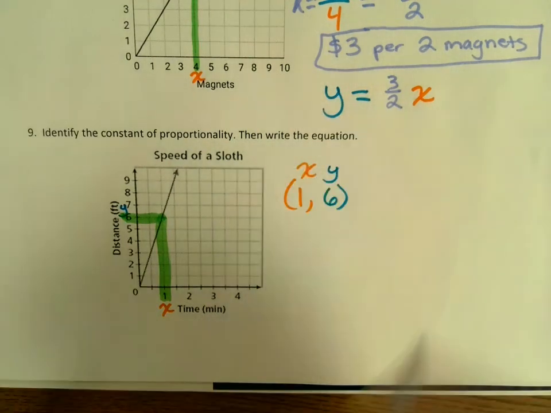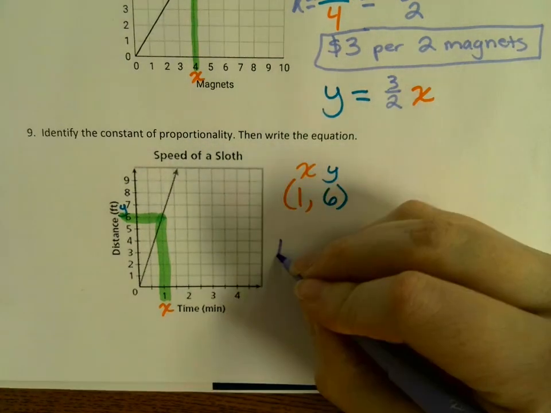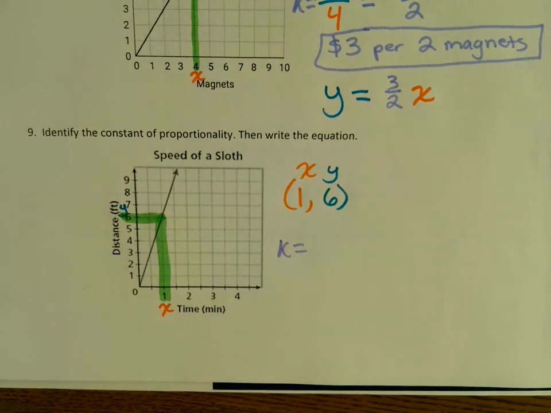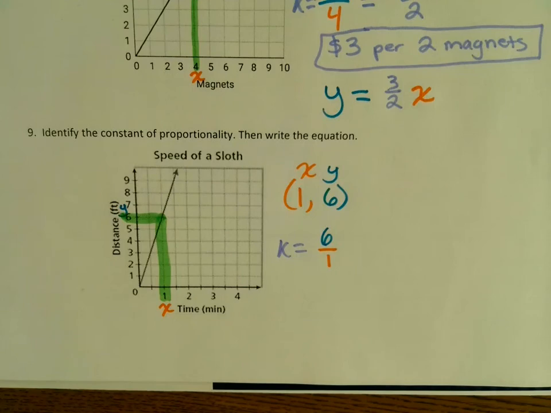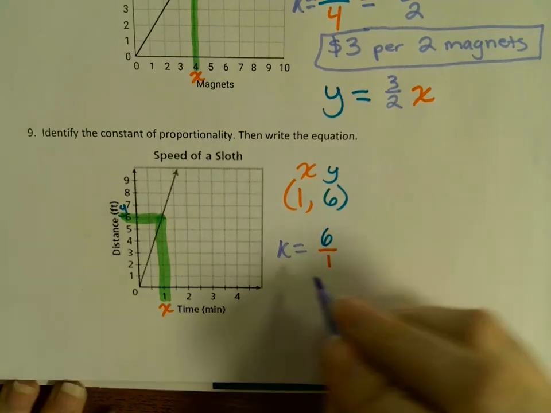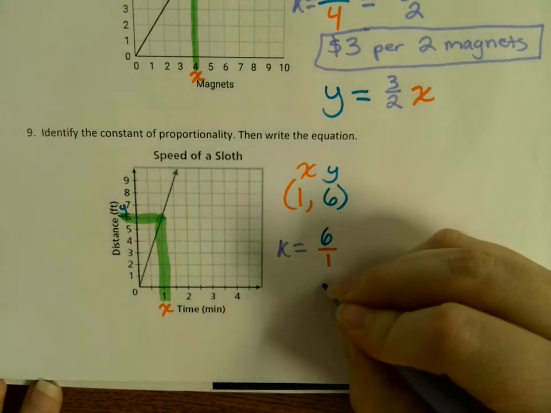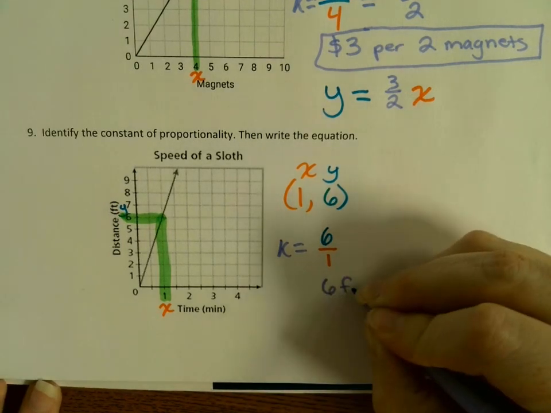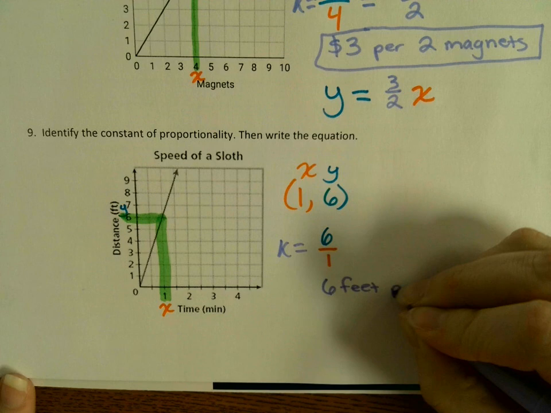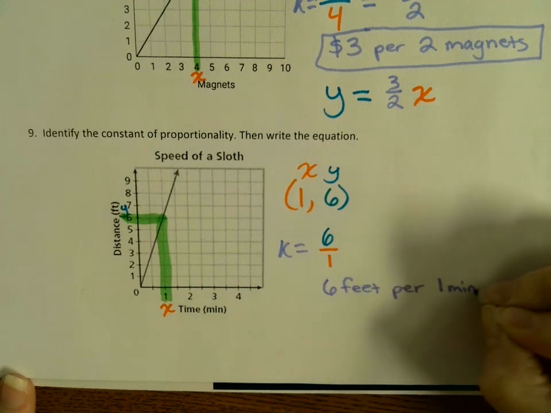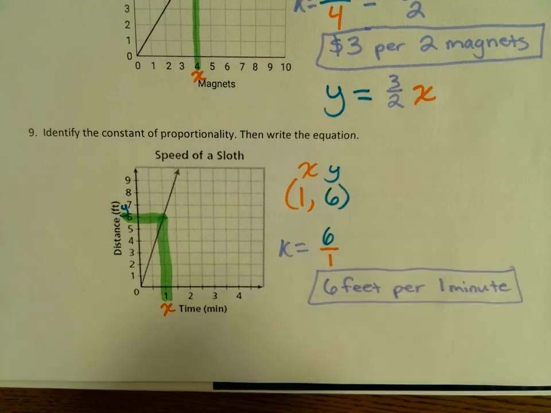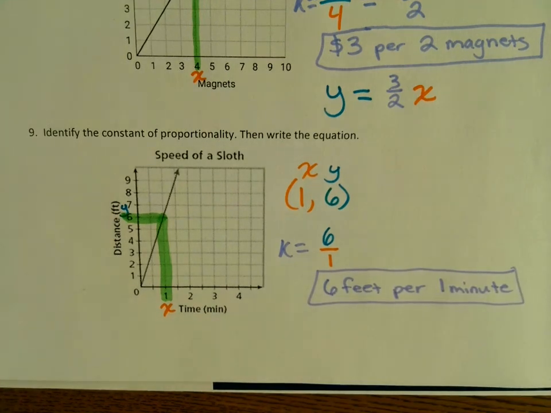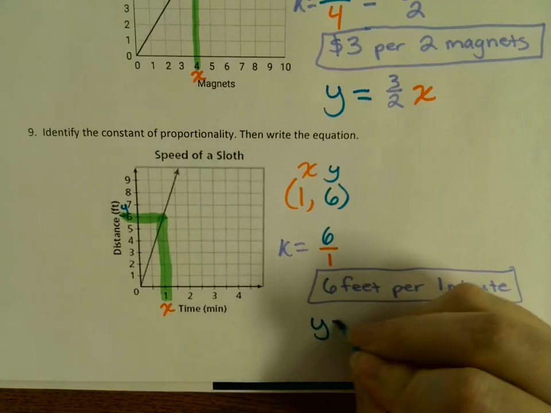When I set it up as my K value, I'm going to set it up as 6 over 1. That is as simplified as it's going to get. In context to the problem, it's going to be 6 feet per 1 minute. And the equation is going to be Y is equal to 6x.